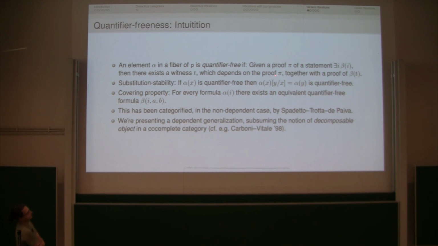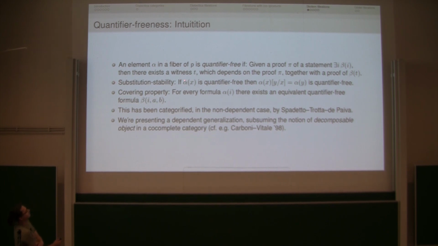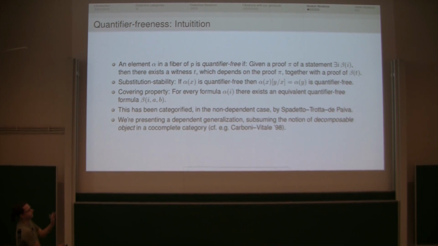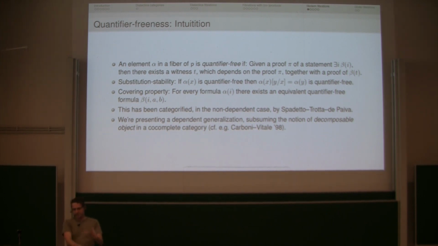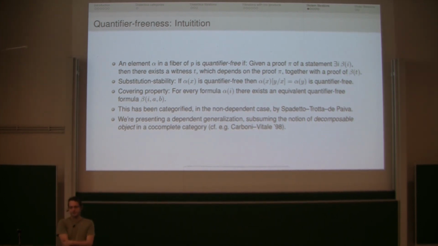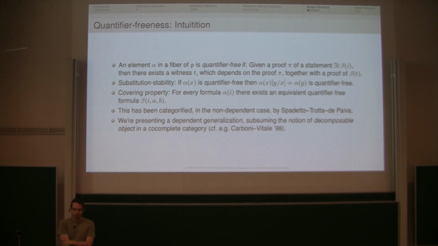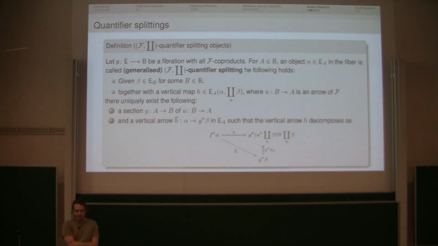Assuming we have a proof pi of a statement of the form there exists i, beta i, assuming alpha, that's not in the slide, I forgot to write that, then there exists a witness t, which depends on this given proof, together with the proof of beta of that witness. So you are able to extract some witness, which is a rather strong property.